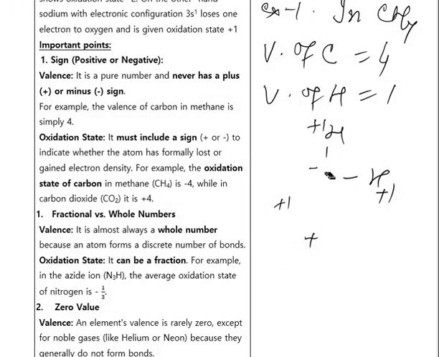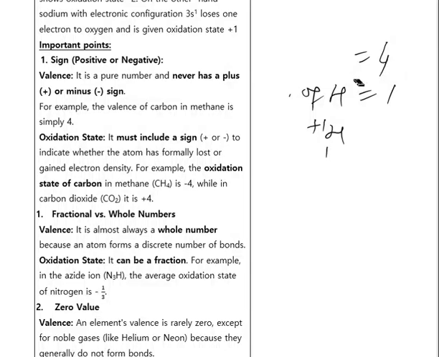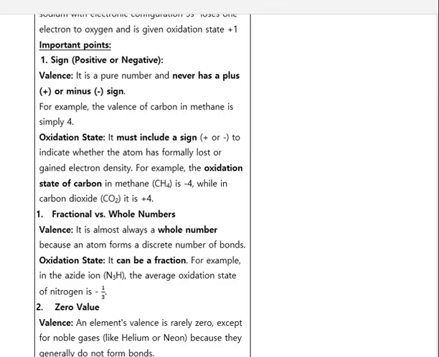Now point number two: that is fraction or whole number. Valence will never be a fraction. Valence will always be a whole number, whereas the oxidation number may be fractional.